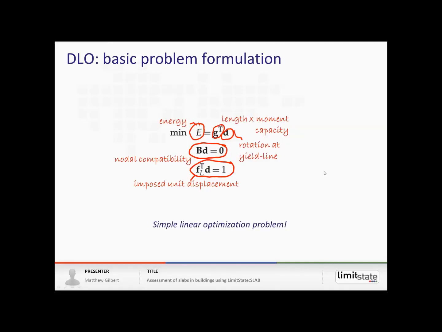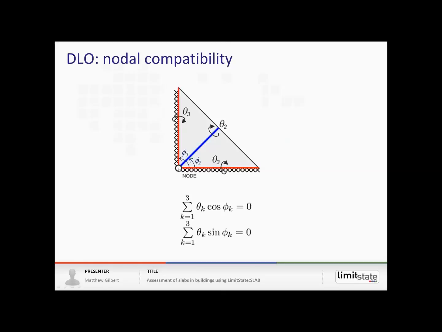And the way that works is, if you zoom in on a node, for example, the node in the bottom left corner of the slide shown here, what you need to do is actually traverse all the way around the node, resolving the rotations, or summing up the rotations in the x direction and the y direction, and making sure that those equate to 0.